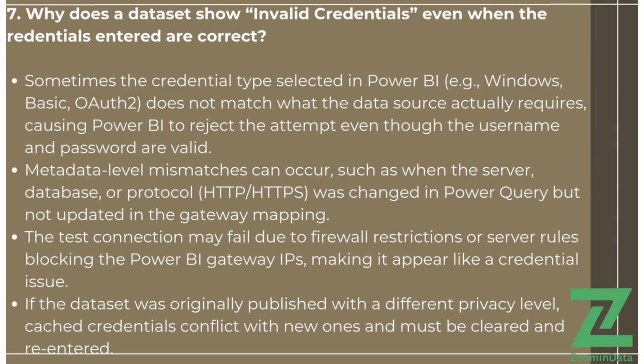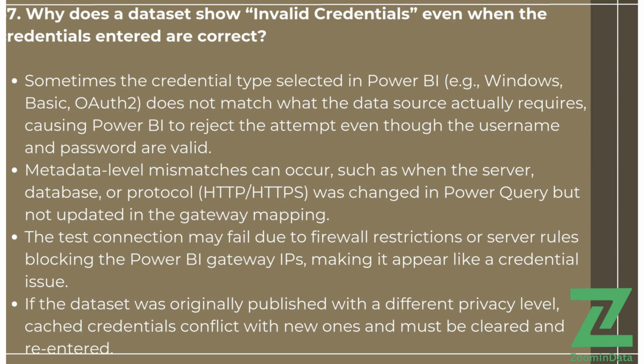37th question. Why does a dataset show invalid credentials, even when the credentials entered are correct? Sometimes the credential type selected in Power BI, for example, Windows, Basic, or OAuth2, does not match what the data source actually requires, causing Power BI to reject the attempt even though the username and password are valid.